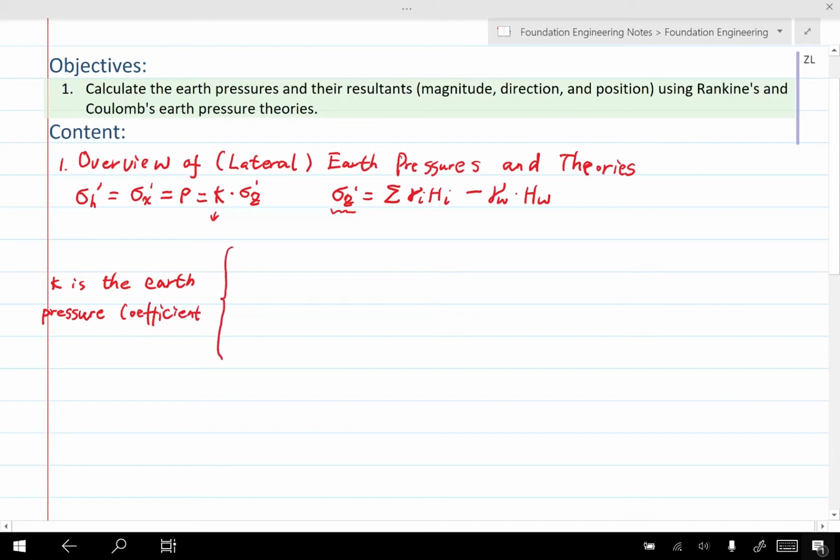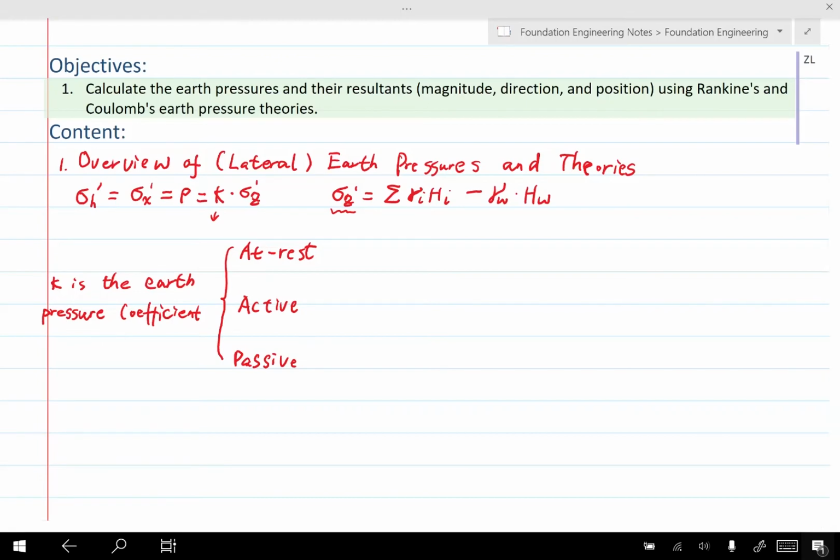We have seen three of them. The first one is the at rest earth pressure. The second one, active, and third, passive. These three types of earth pressures represent three different states.